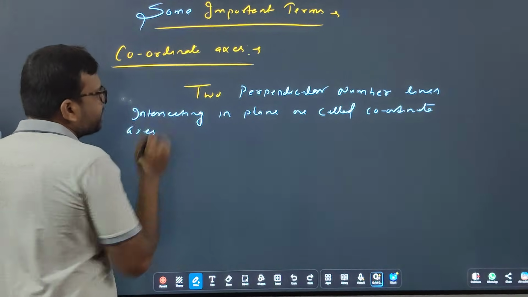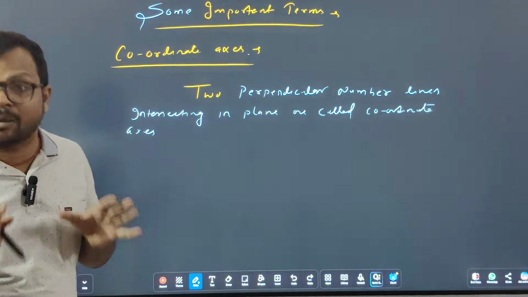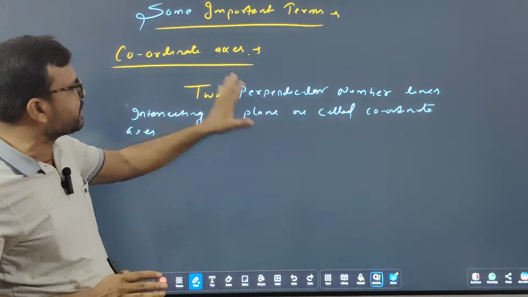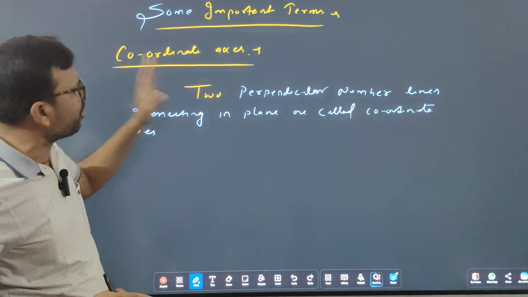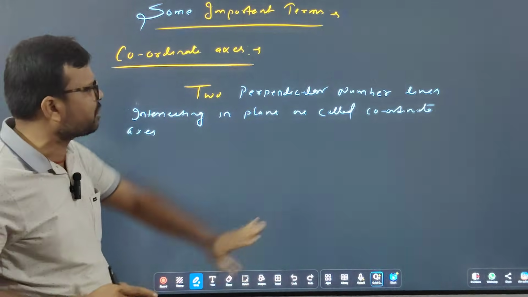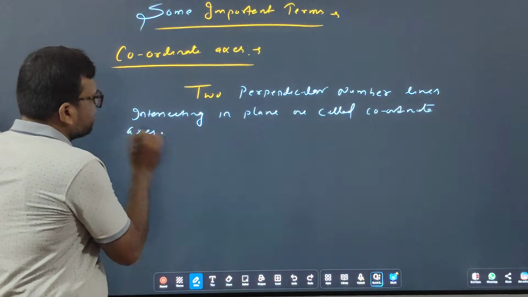What is coordinate axis? Two perpendicular number lines intersecting in a plane are called coordinate axis.